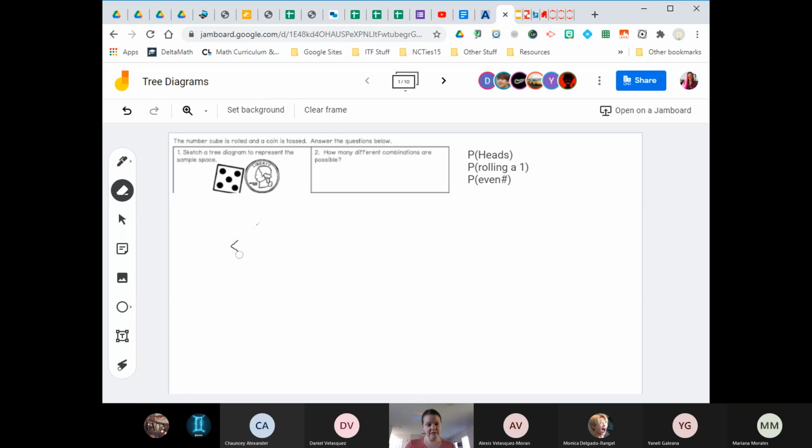Let's start there. All right, so let's sketch a tree diagram of all of the possible outcomes from rolling a number cube and tossing a coin.